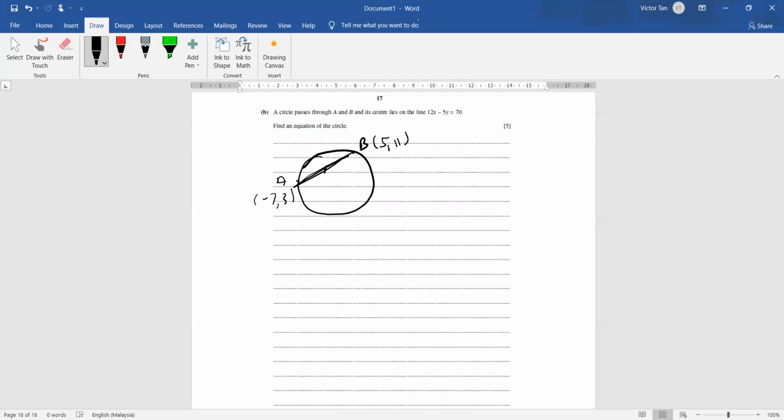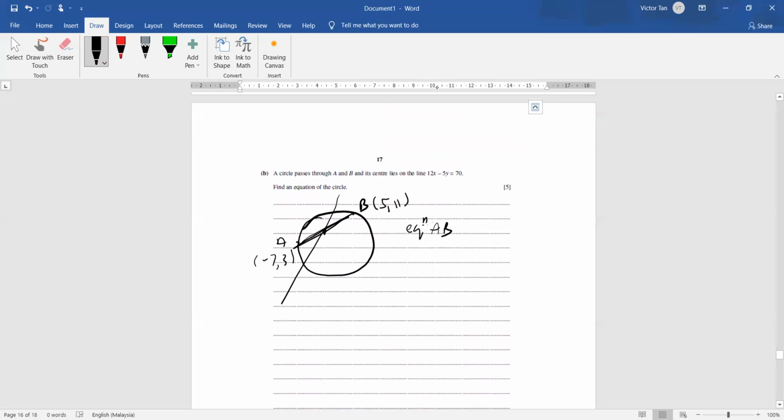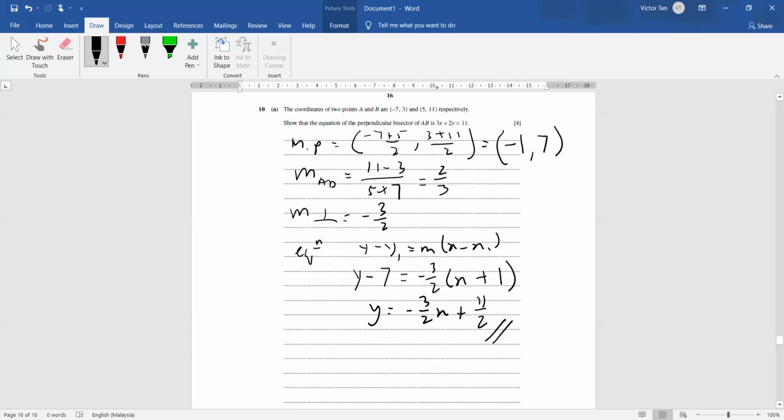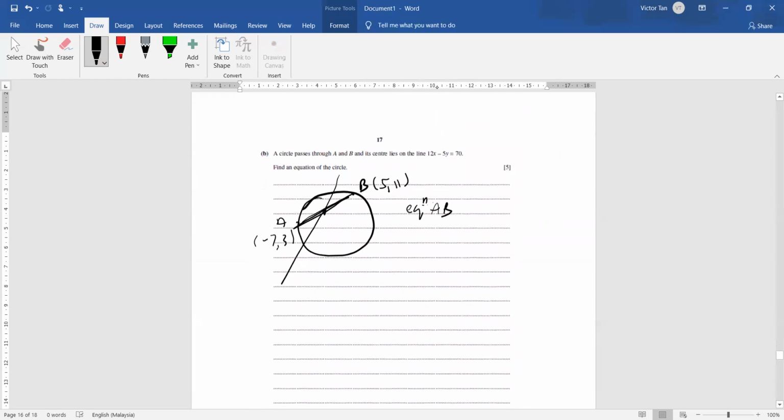Center. This center lies on this line. So you want to find the equation of AB, so that you can find AB. Just now we have the gradient of AB is 2 over 3.